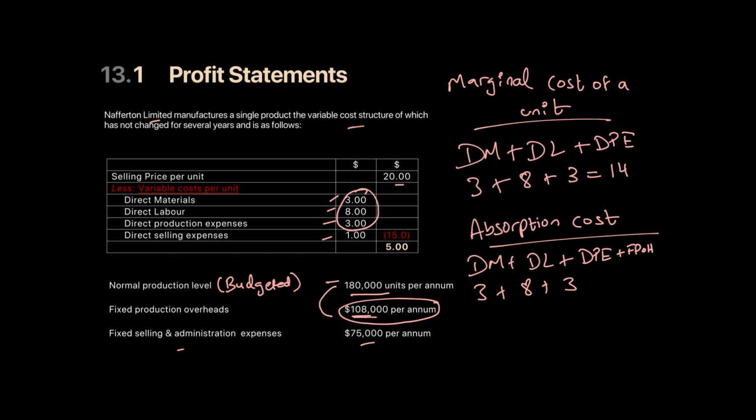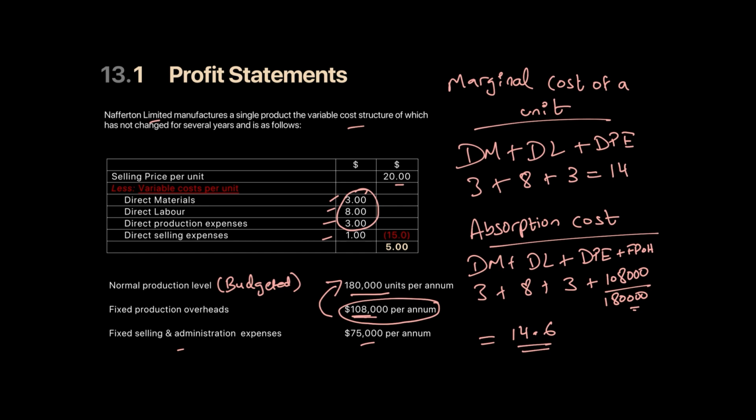The expected production level is 180,000, so that will be 108,000 divided by 180,000 units. If you divide 108 by 180, you get 0.6. So the fixed production overhead is 0.6, and the absorption cost will be 14.6.